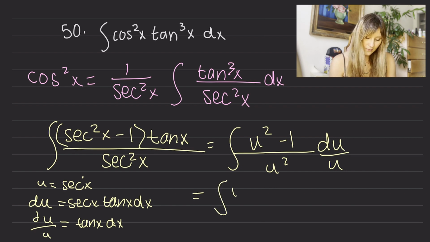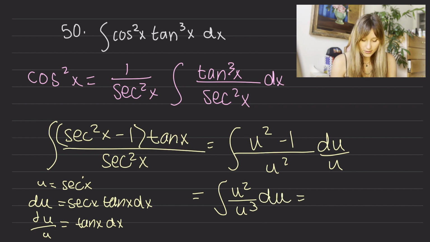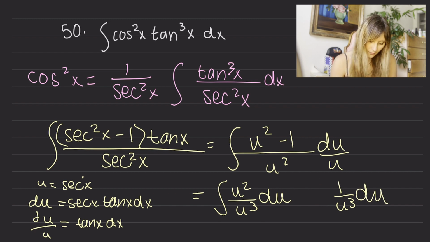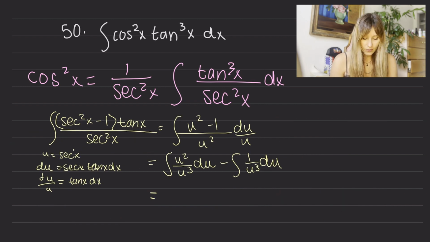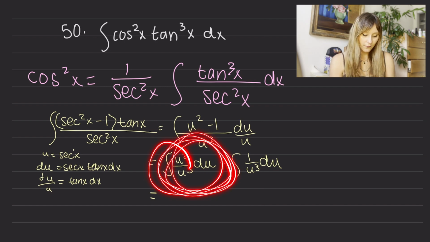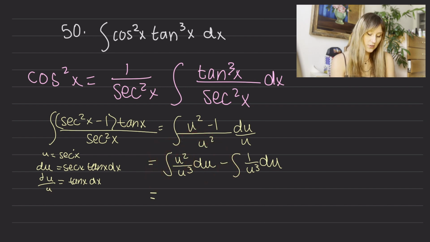That is going to be u squared over u cubed du, minus 1 over u cubed du. For this one, we are going to cancel the u squared, and we're just going to get 1 over u, which is going to be log of u.